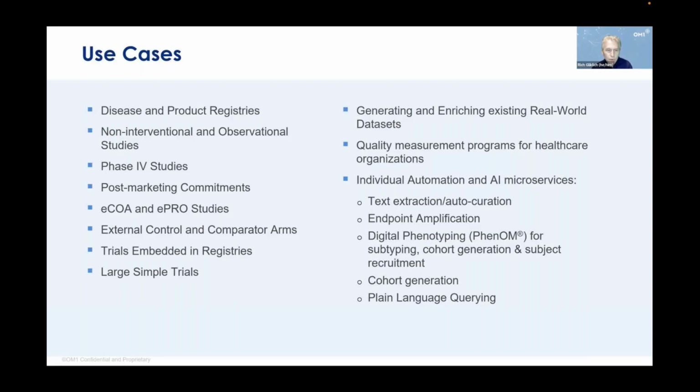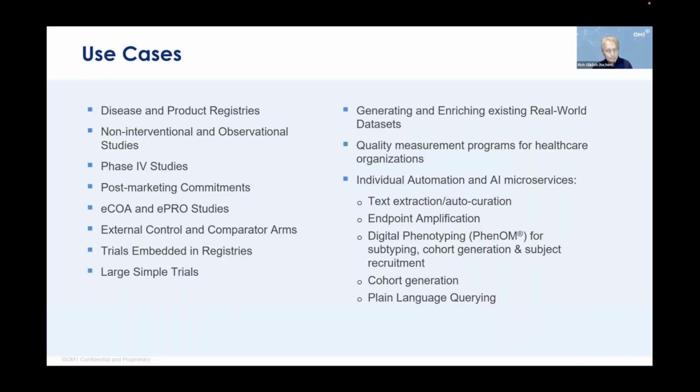Every clinical trial, in my view, particularly phase 3 study, should have the opportunity to collect long-term patient follow-up based on real-world data on patients. And this technology enables you to do that in a very cost-effective way. We're using this capability around quality measurement programs for healthcare organizations, identifying patients who are not being treated to guidelines and changing that. And then we're also enabling clients to use individual microservices.